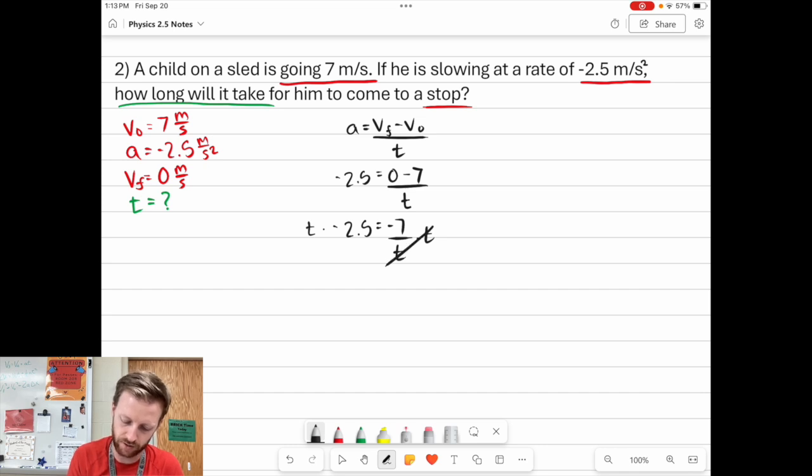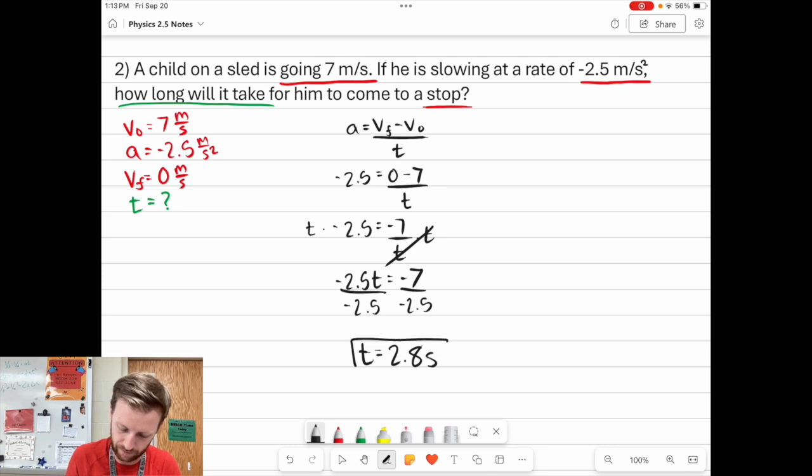So that'll cancel those, and I'll get negative 2.5 T is equal to negative 7. And then I will divide by negative 2.5 to get me T is equal to 2.8 seconds.